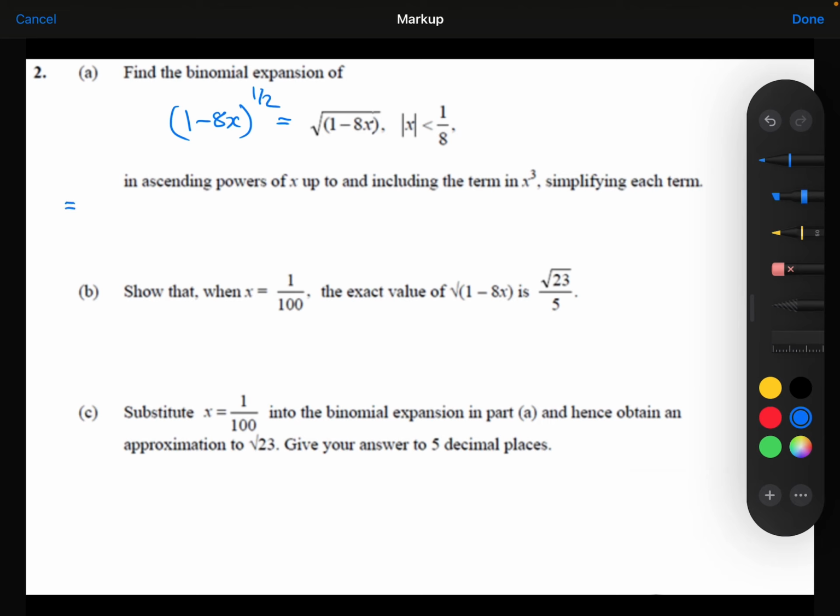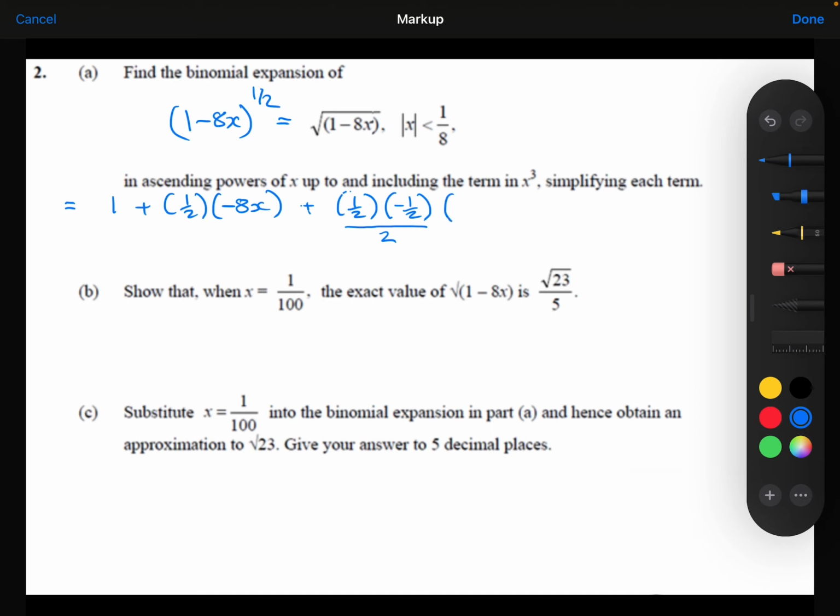So using the binomial formula, I've got 1 plus n times x plus n times n minus 1. So 1/2 take away 1 is minus 1/2, divided by 2 times 1.